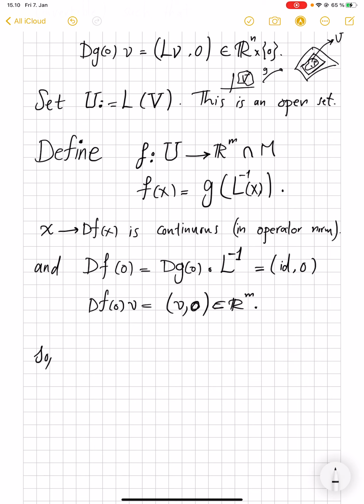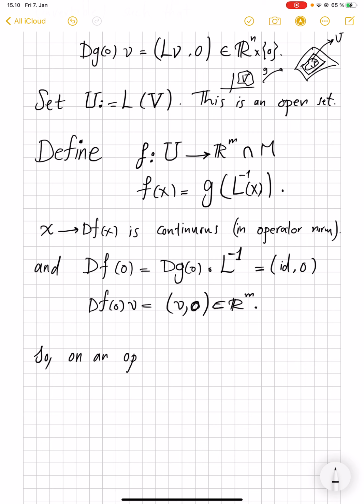So, by making U smaller, well, that's ambiguous. What does it mean?